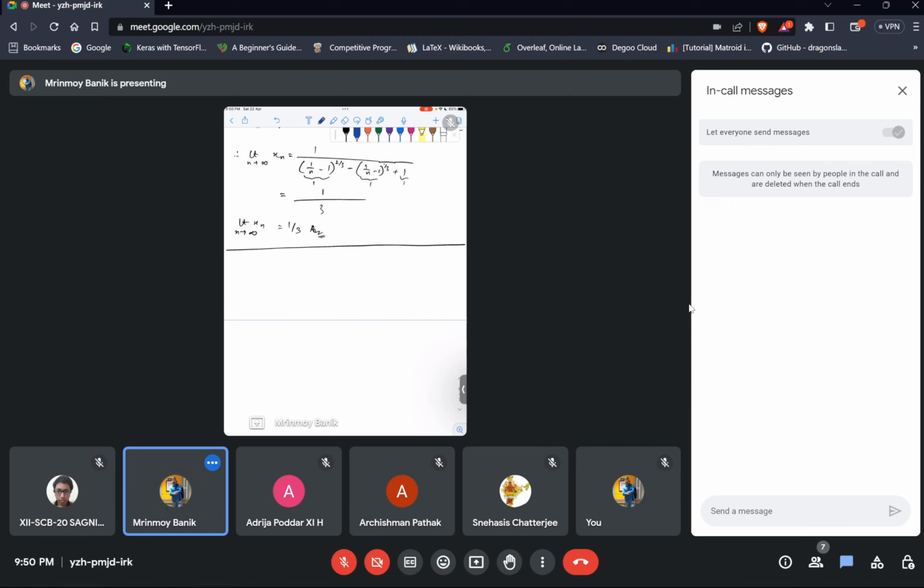So till now we have seen two theorems, the monotone convergence theorem and the Bolzano-Weierstrass theorem.